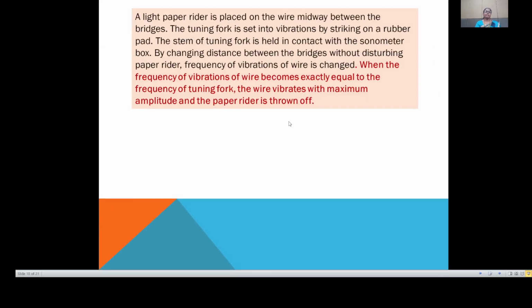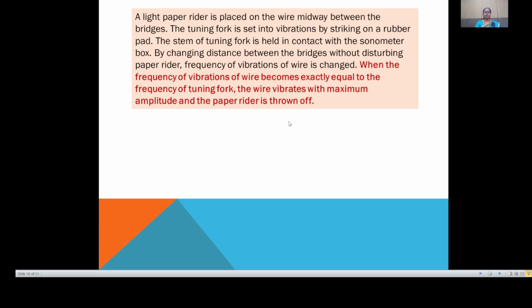A light paper rider is placed on the wire midway between the bridges. The tuning fork is set into vibration by striking on a rubber pad.